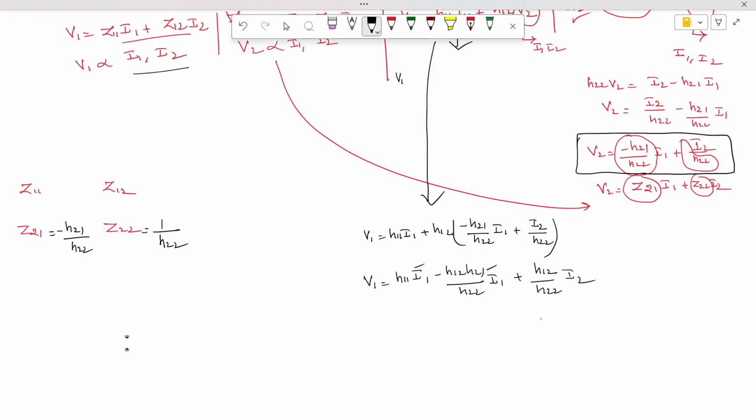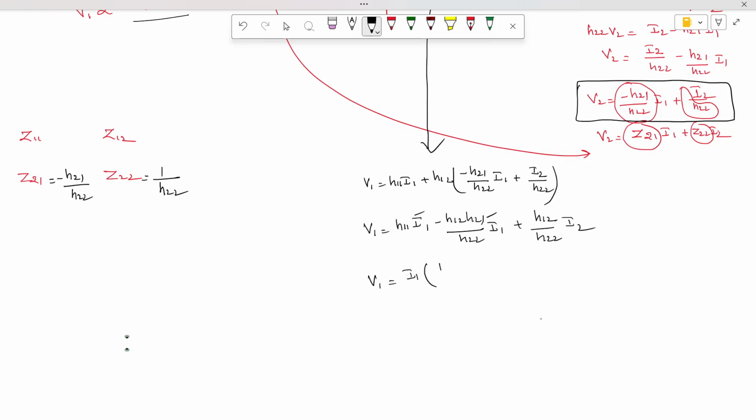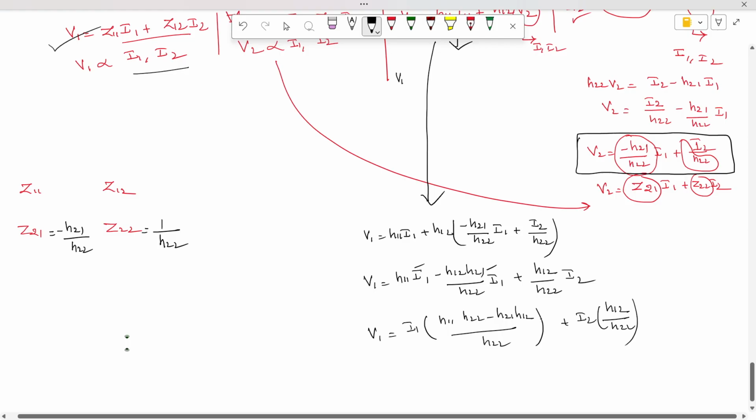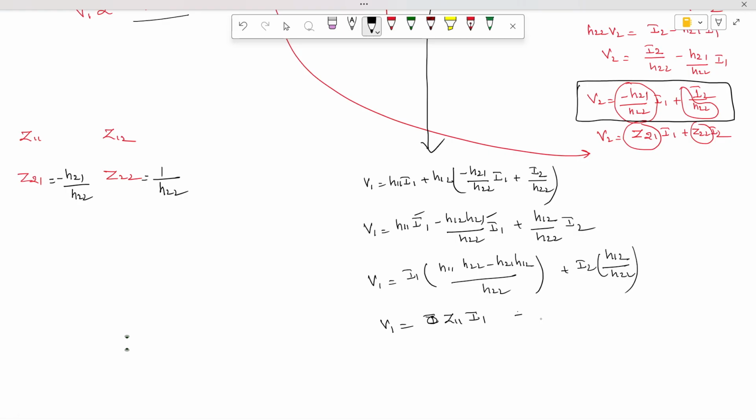Now take I1 as a common term. So V1 is equal to, when you take I1 as a common term, H11 H22 minus H21 H12 divided by H22, plus I2 into H12 divided by H22. What is the standard form of Z parameters? V1 is equal to Z11 I1 plus Z12 I2.